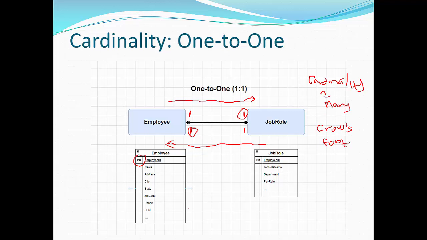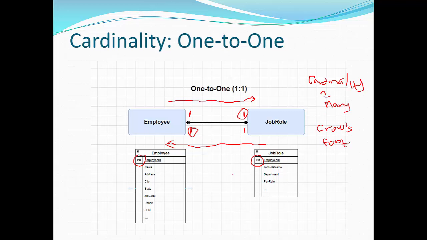So we chose that, although we know that these two entities can be represented as one entity, we decide to make them two entities just to make sure that performance in the database is optimal. But just note that in a one-to-one cardinality, the two entities that we are talking about have the exact same primary key, in this case the employee ID.